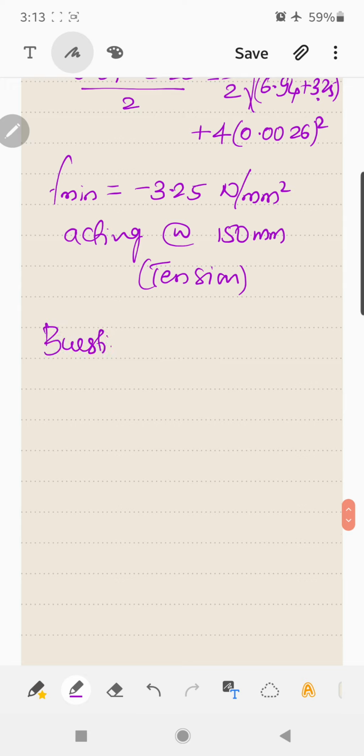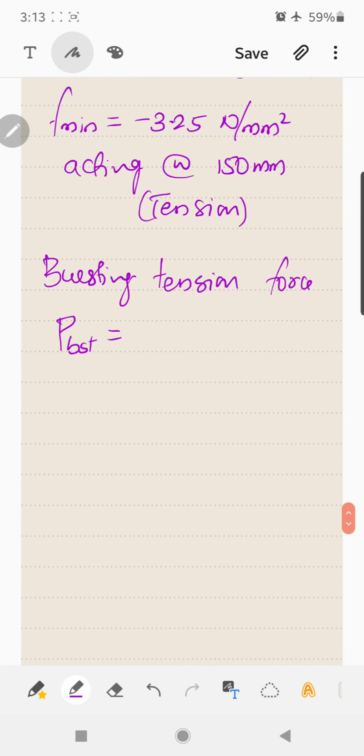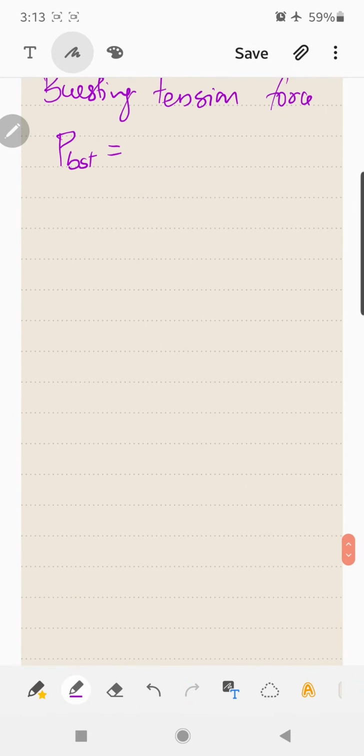So the bursting tension force which is required in the design, PBST, is equal to the area of the distribution diagram. First we will draw the distribution diagram here. So the distribution diagram will be like this.